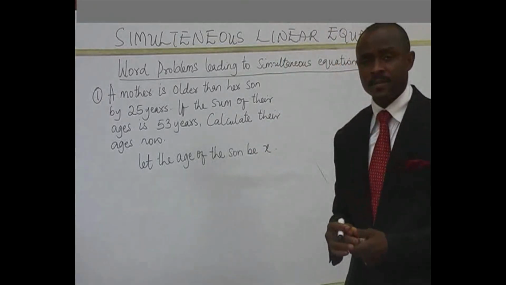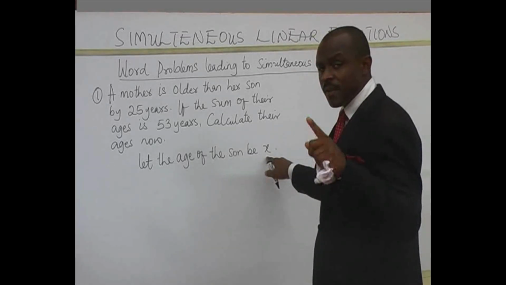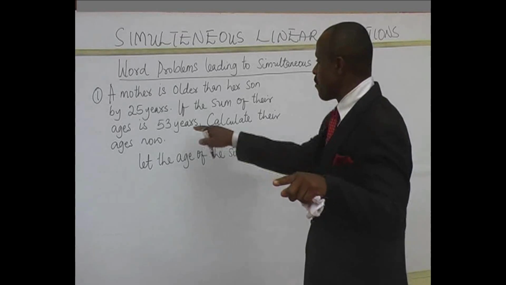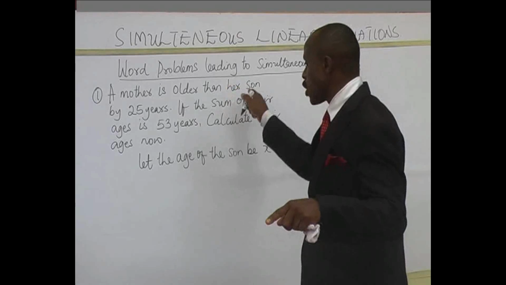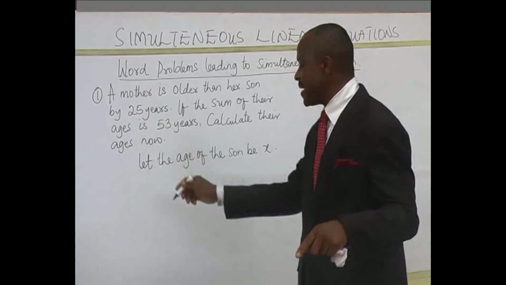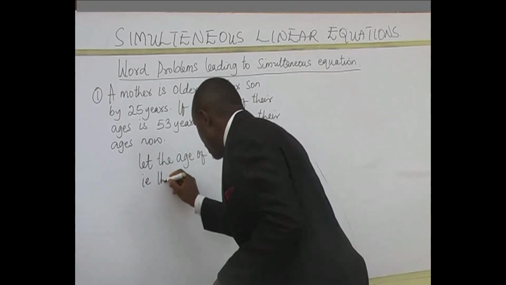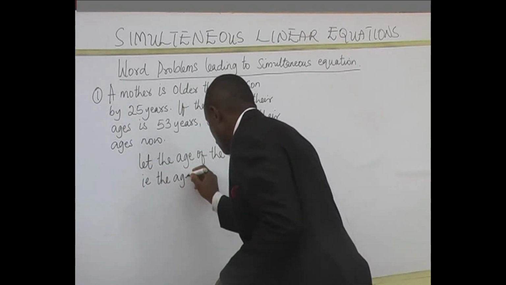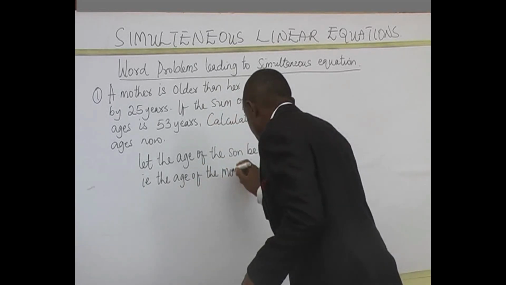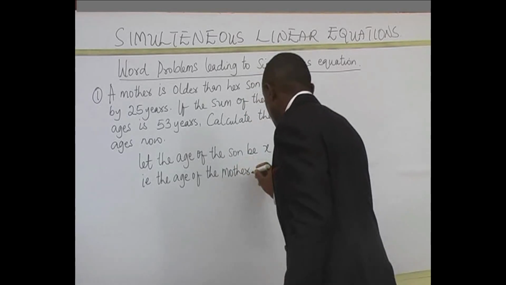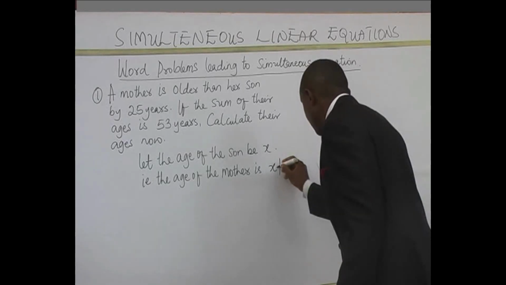Let's use X. Then if X is the age of the son, from the first sentence that said the mother is older than her son by 25 years, that means the age of the mother will be X plus 25.